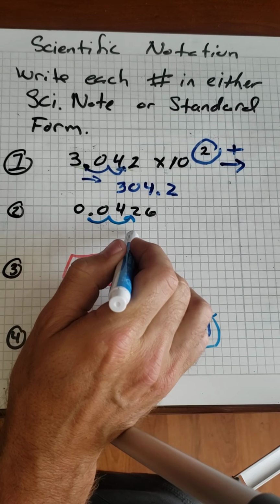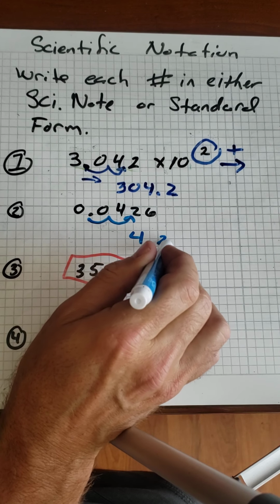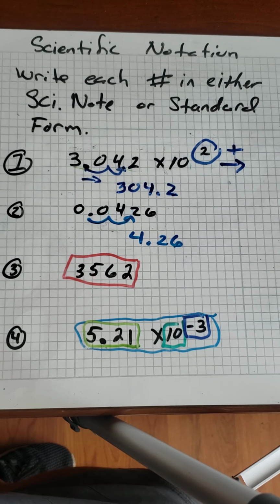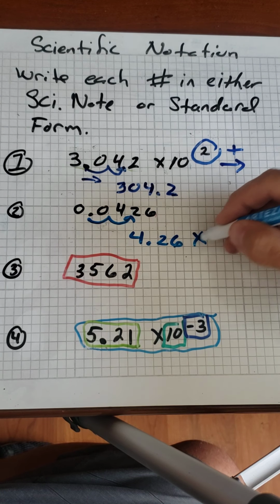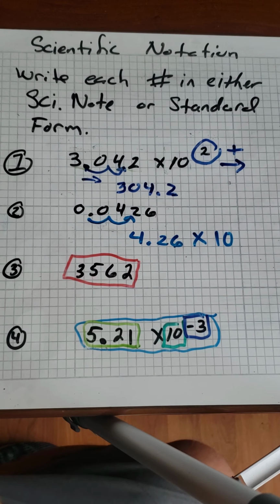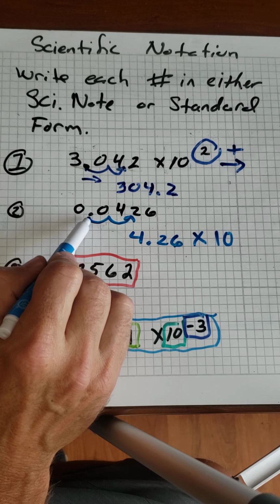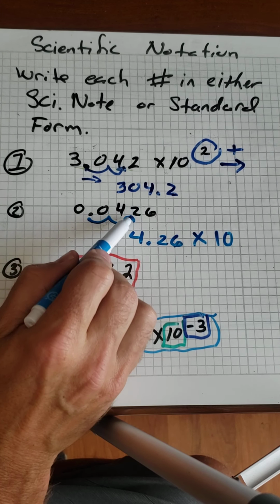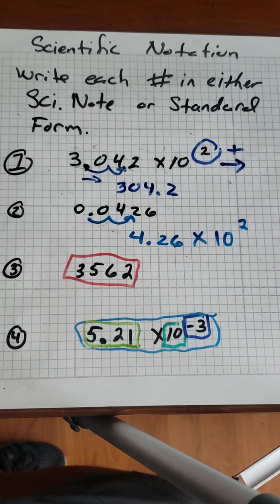So my new number is 4.26. Okay? And then I know that scientific notation is always going to be times 10. And then I need to figure out what my exponent is. Well, I know that I moved my decimal point 2 times, so I know it's going to be a 2. And here's where I struggled.